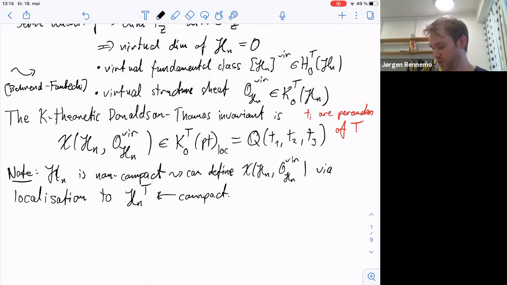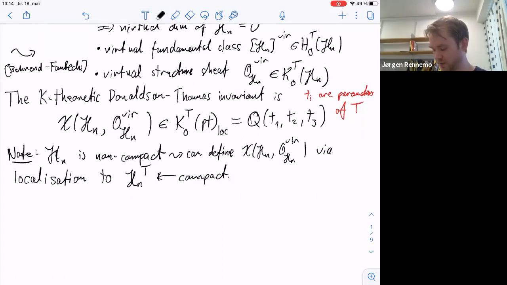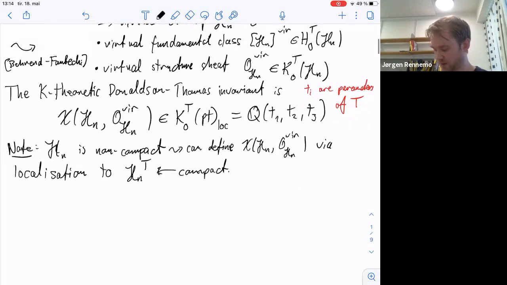You can reduce their computation to combinatorics. So we not only have this abstract statement that we can define this thing using localization, but we also have a localization formula.